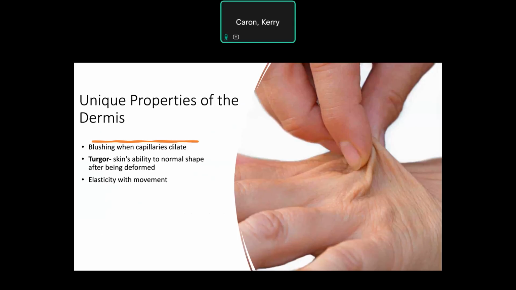I always tell the story, I used to think it was funny that I used to pinch my grandfather's elbow, and it used to kind of stay squished, because as you age, you lose skin turgor. I don't think that's funny anymore because mine does that now. So we have elasticity, we have turgor, but that decreases with age.